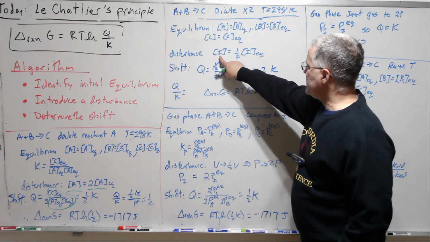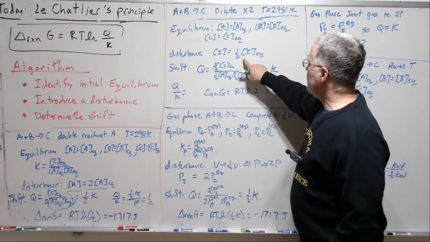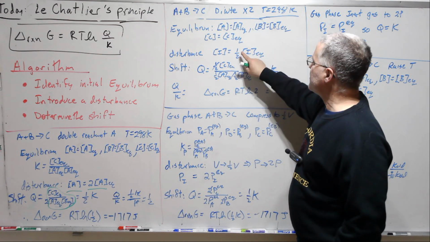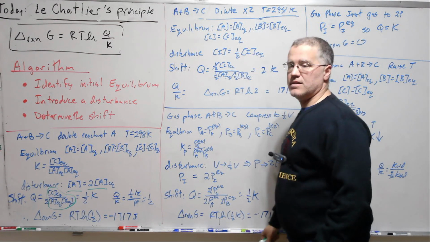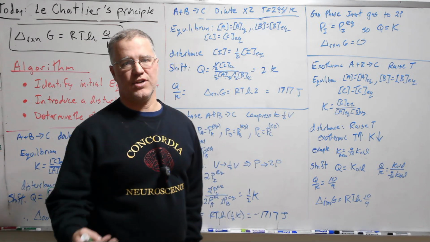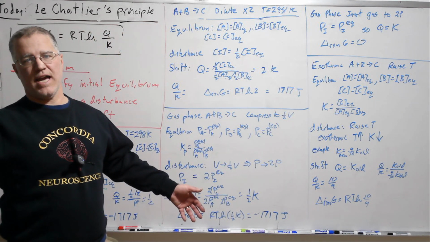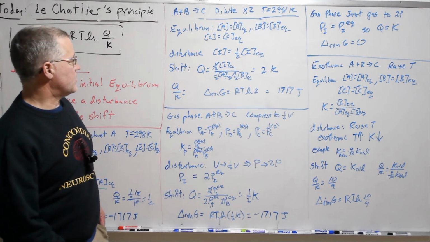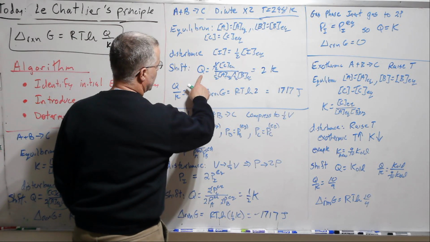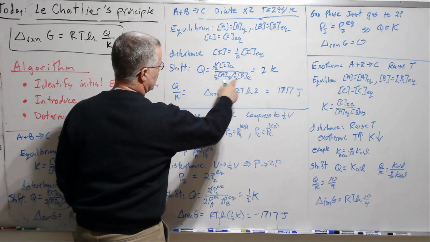Now for each of these species, A, B, or C, the disturbance is going to halve the concentration. So whatever the concentration was, when we double the volume by adding pure water, we're going to get half the concentration. And so the Q, we write half of each of these.